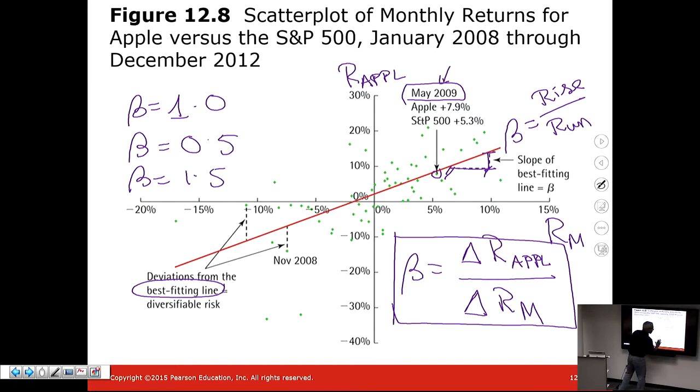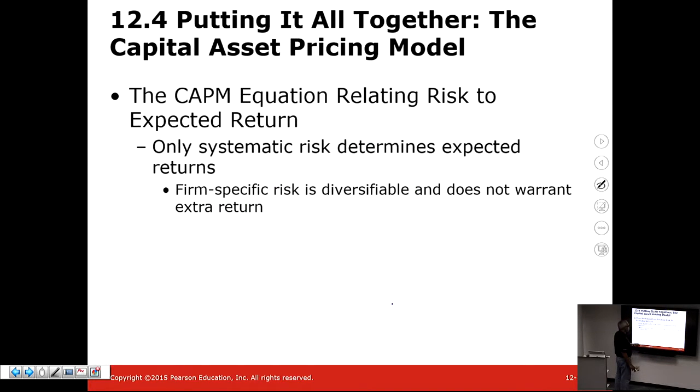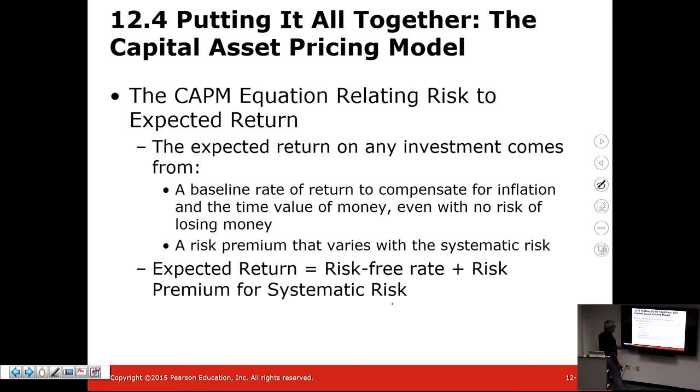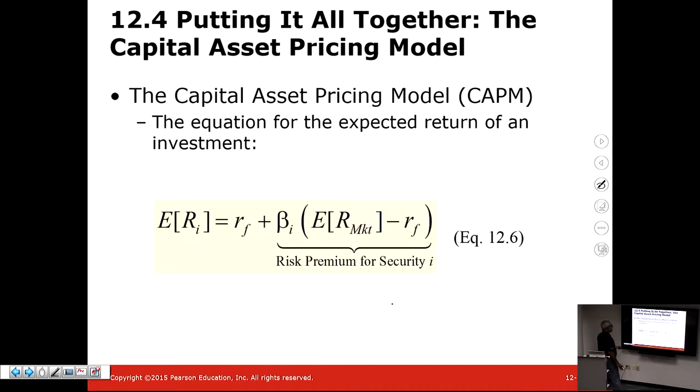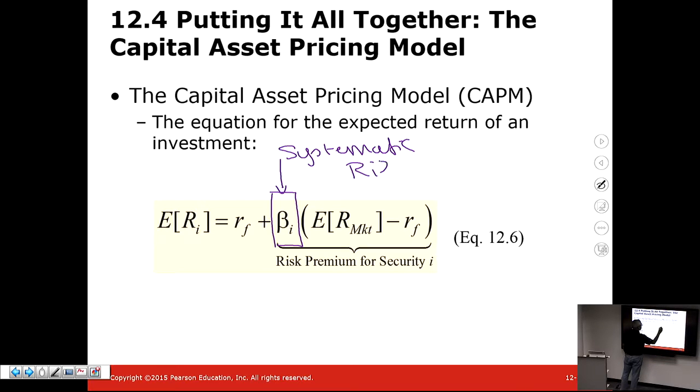So that's what beta is measuring for us. Now, once we have measured beta, then what do we do with it? What we do with it is to use this measurement of systematic risk. This is our measure of systematic risk.